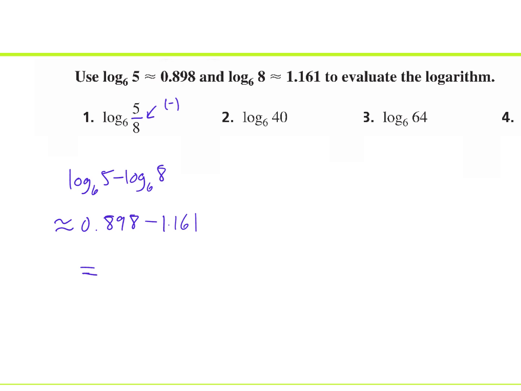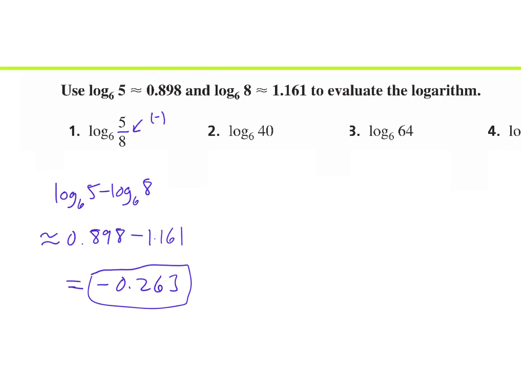All right, so this is going to get us negative 0.263. All right, so we expanded that quotient inside of the logs into 2 separate expressions, and then we combine our answers.